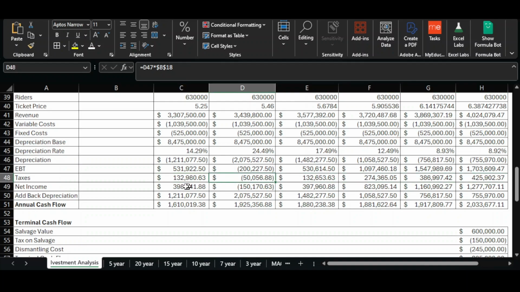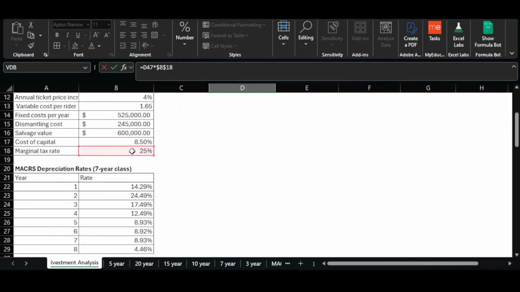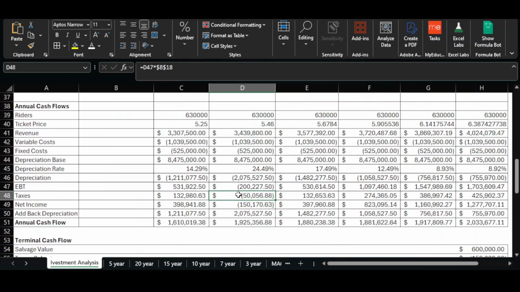They can be negative, they can be positive, depending on the value. There you go. See, the taxes is always the EBT above it multiplied by the marginal tax rate, referenced over here, always at B18. And now, again, just fill that formula across all columns.